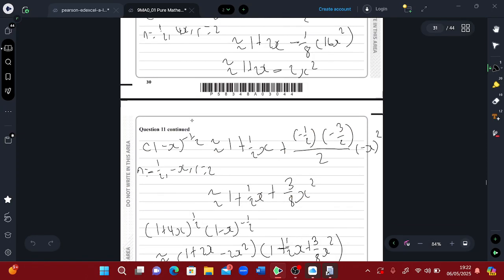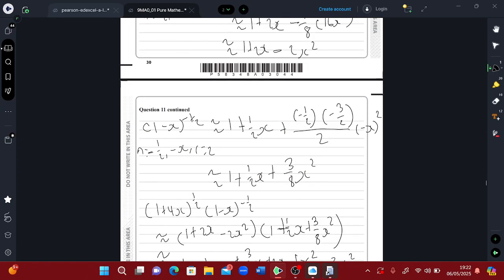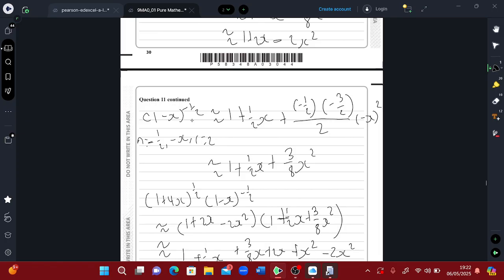What about this one again? So 1 minus x to the minus a half. That's going to be 1 plus nx. I've already dealt with this side. So n's minus a half, and x is minus x. So nx will be minus a half times minus x, which should be half x. And then this, let's check that fraction's right.